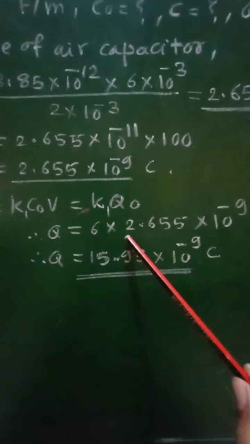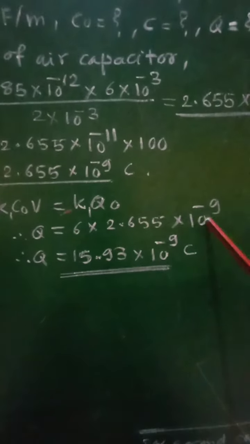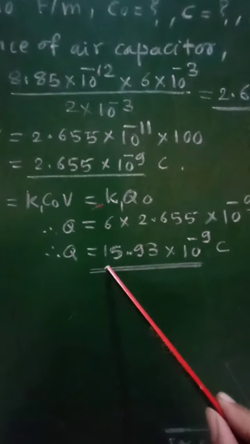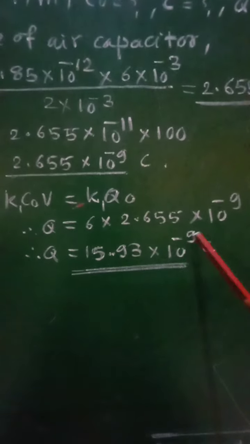Therefore Q is equal to 15.93 into 10 raised to minus 9 coulomb.